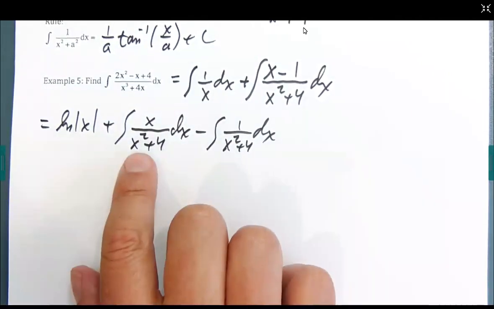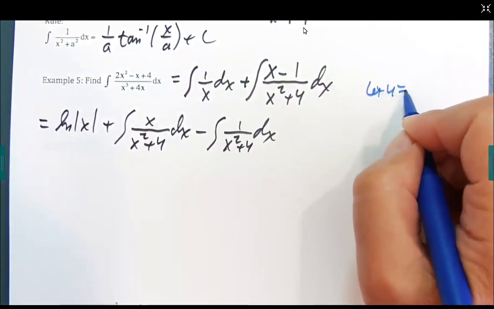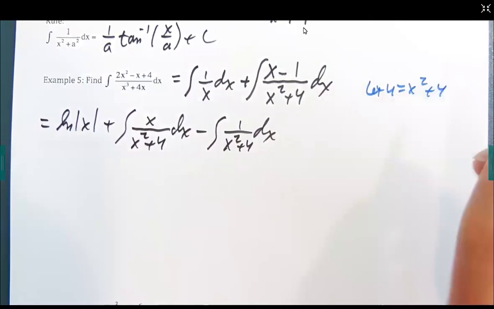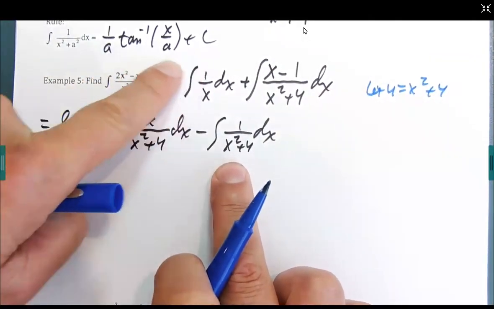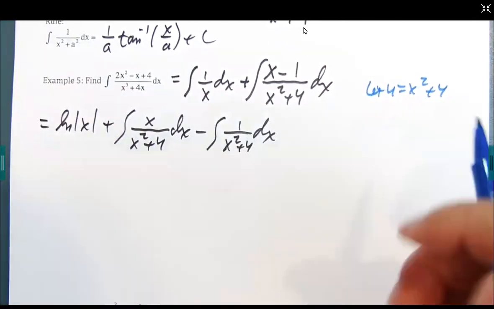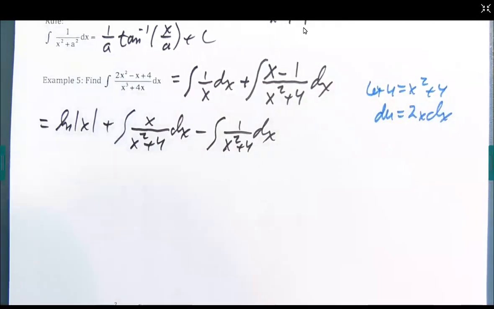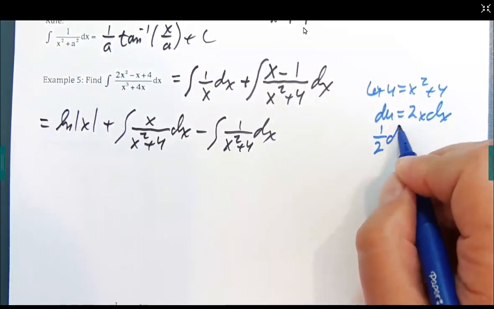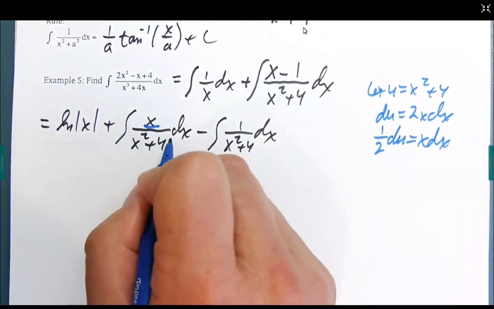I'm going to do a quick substitution here. Now I'm dealing with each of these separately. This one, I'm going to use this rule actually in just a minute, where a is 2. So technically I get 1/2 du equals x dx, and there's my x dx.